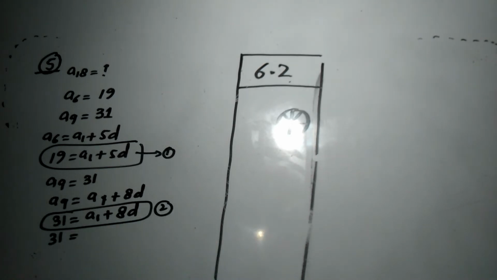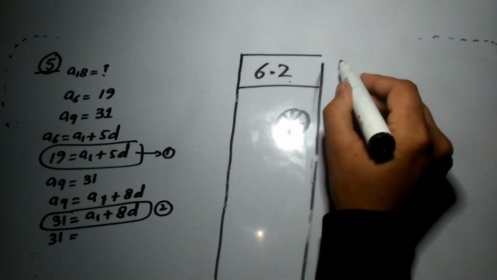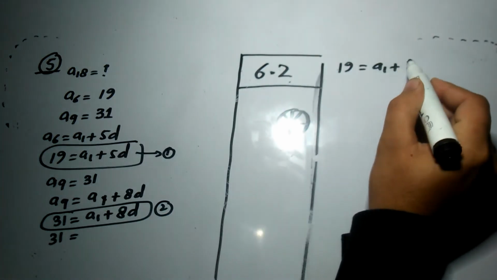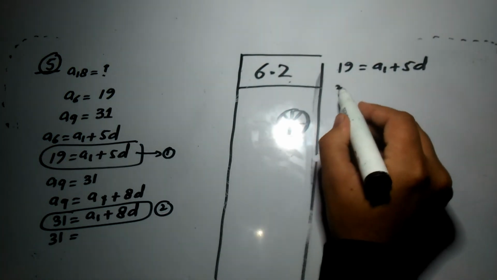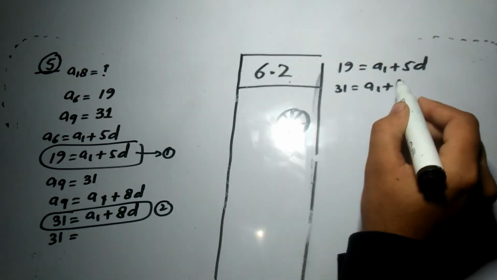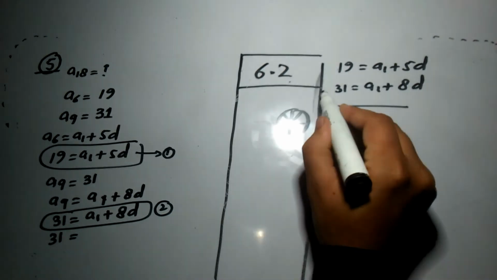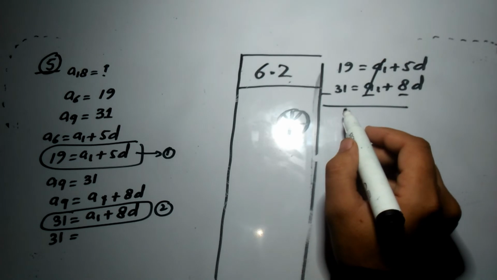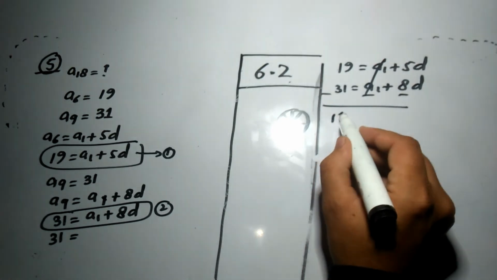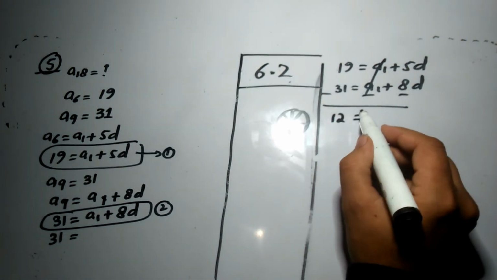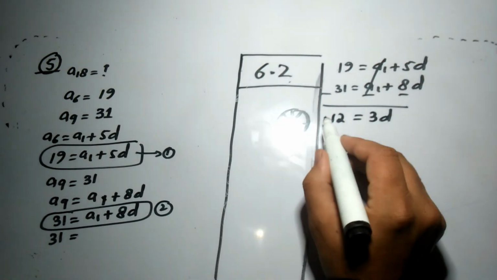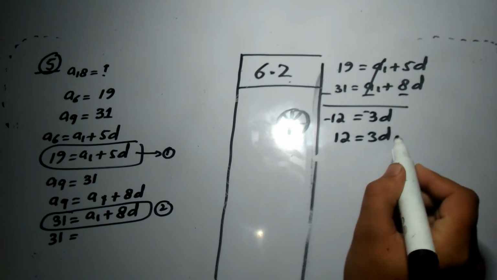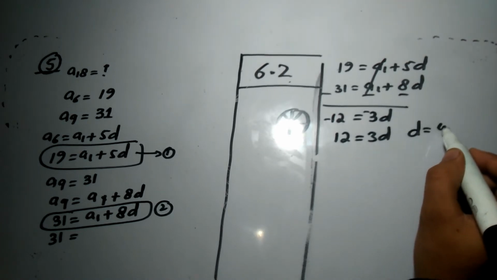So from equation number 1 and equation number 2, 19 is equal to a1 plus 5d and 31 is equal to a1 plus 8d. After subtraction, 31 minus 19 will be equal to 12, this will be equal to 3d, so 12 will be equal to 3d, so the value of d will be equal to 4.